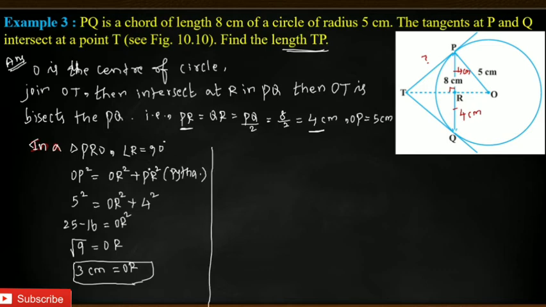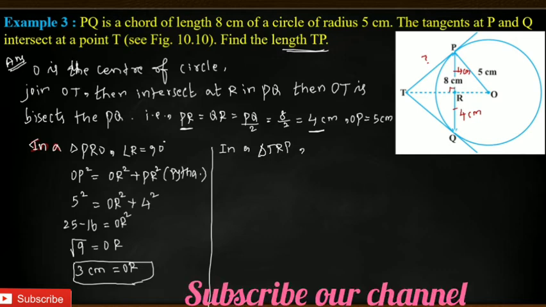But we don't want OR, I want TP. What is the length of TP? So by using OR, how can I go to the next step? Again, I'm taking another triangle. In triangle TRP, this is T, here is R, and this is P. Here R is 90 degree, which I have mentioned clearly in red color.